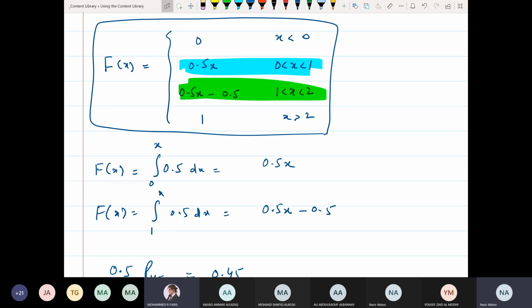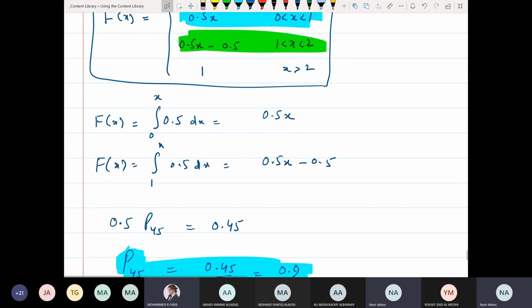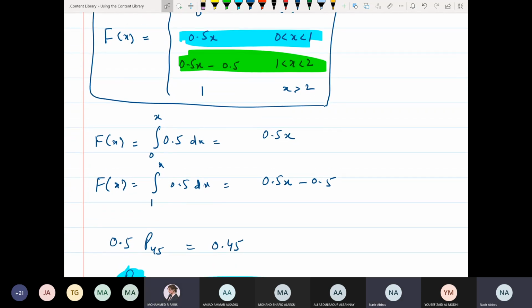Not the same value. I think there's something wrong with the capital F of X. Try to find where I made a mistake in the integration.